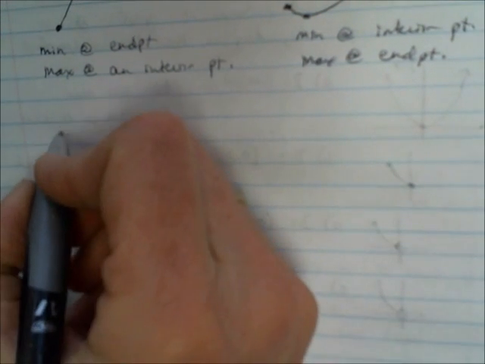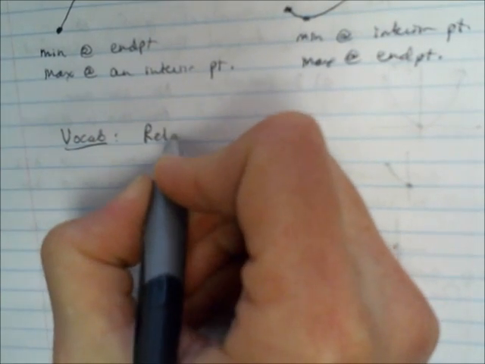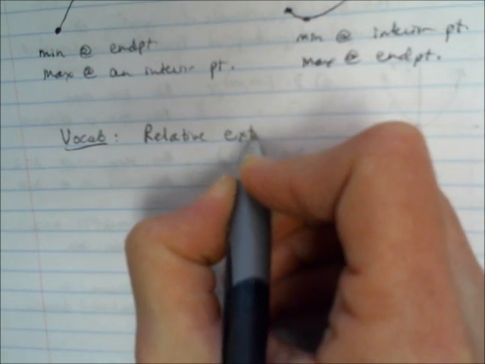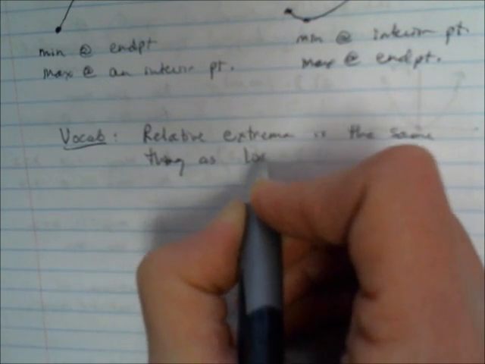All right, I'm not sure if I mentioned this vocabulary before, but this is just some vocab. All of the other ones I've talked about are absolutes, but let's talk about local or relative. Relative extrema is the same thing as local extrema.